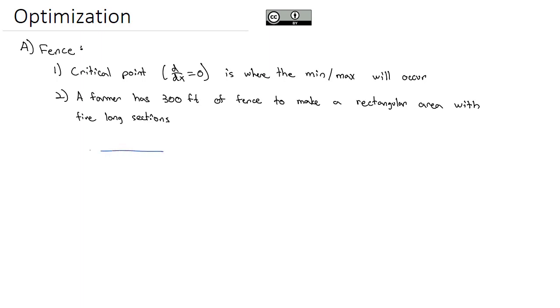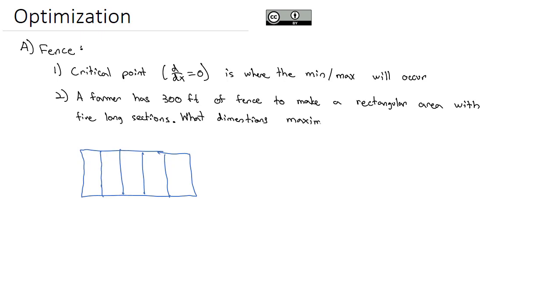In other words, we're going to build a fence here. And in it, we're going to go 1, 2, 3, 4, 5 long sections within the fence. We want to know what dimensions of the fence will maximize the area.